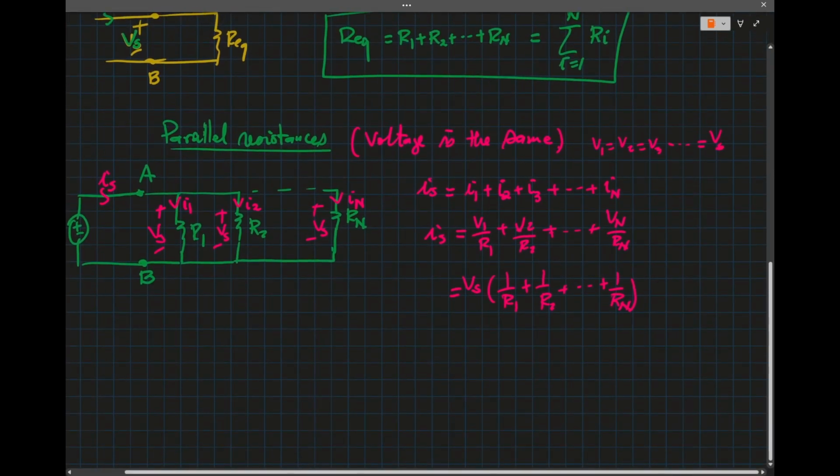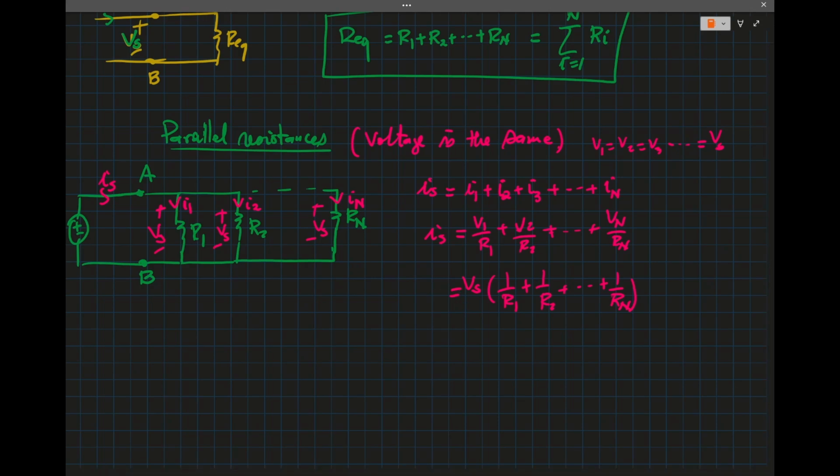So then we have Vs equal to Is times 1 over R1, 1 over R2, plus 1 over Rn, which is Is times R equivalent.